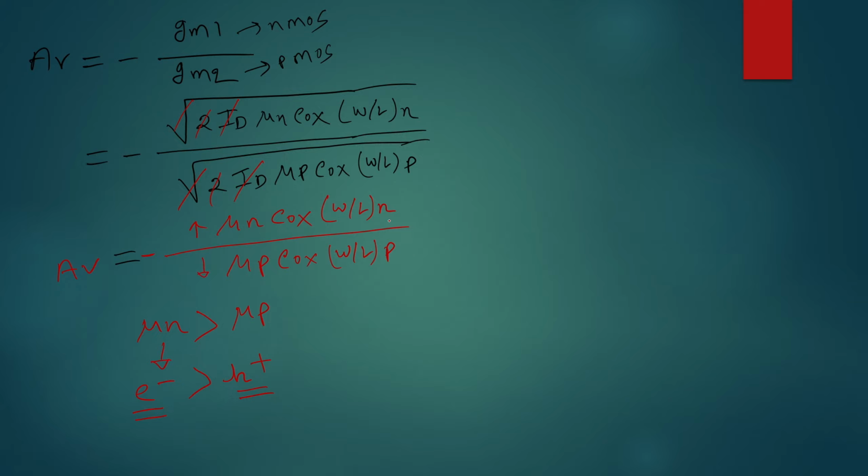Depending on your W by L ratio, you can tune your gain. If your W by L of P is less than W by L of N, you get a higher gain, or you can increase your gain. But if your W by L of P is greater than W by L of N, in that case your gain will be a little bit reduced. So this concept is very, very important to understand this scenario.